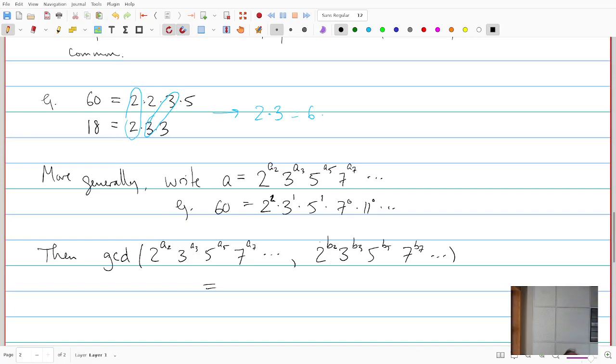In this example, 60 had 2 factors of 2, but 18 only had 1 two. So I was only allowed to take 1 two for the GCD, because it had to divide both.